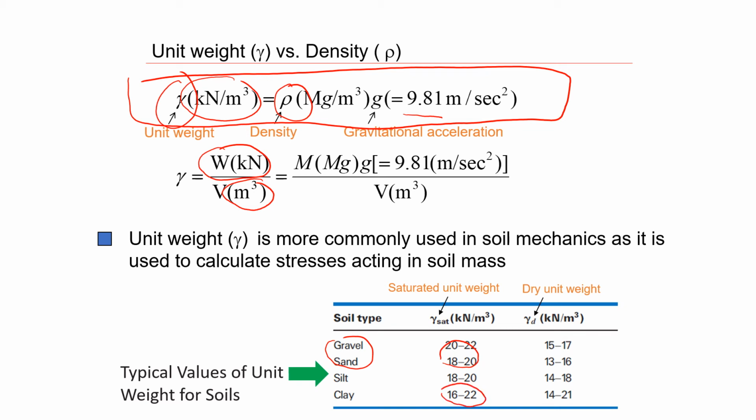Also, if you look at the dry unit weight, you will notice that dry unit weight is always lower than the saturated unit weight. It's because for this saturated unit weight, we also consider the weight of water. In this case, we only consider the weight of solids. That's why it's always low.